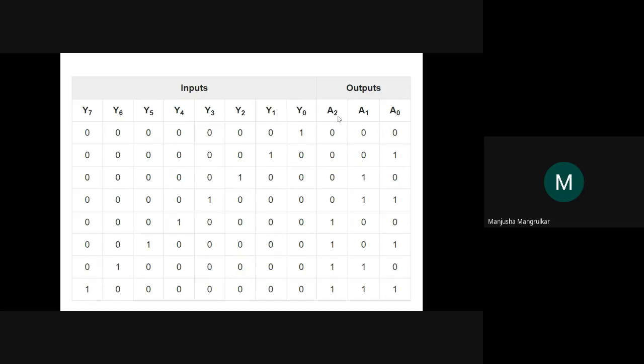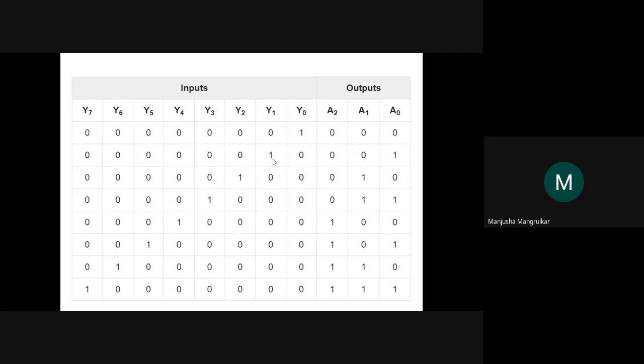And these are the outputs A2, A1, A0. Clear? Now, suppose in the first case my Y0 is activated and all the other inputs are deactivated. That means my A2, A1, A0 is 0, right?